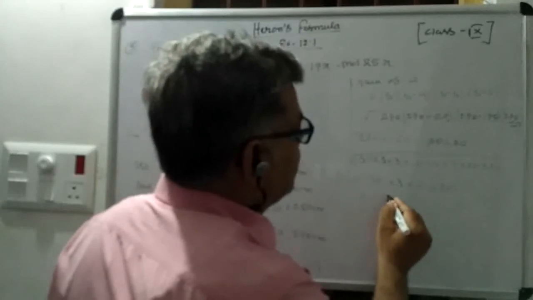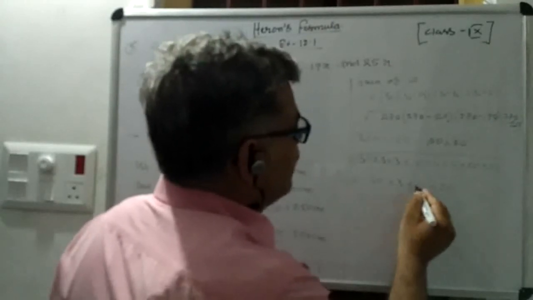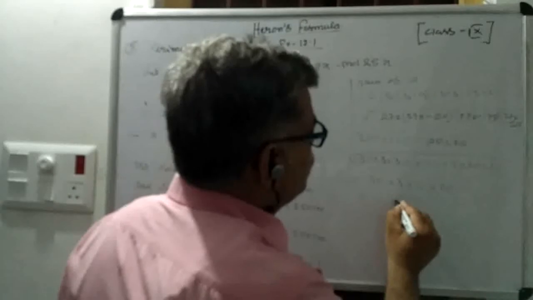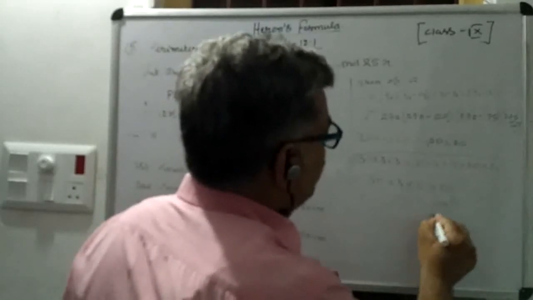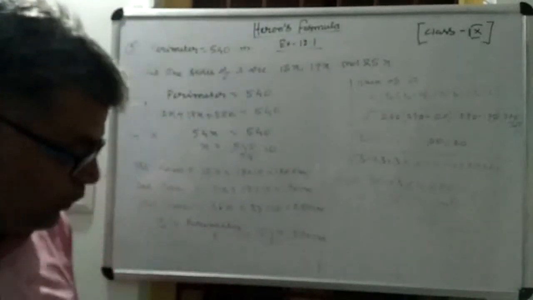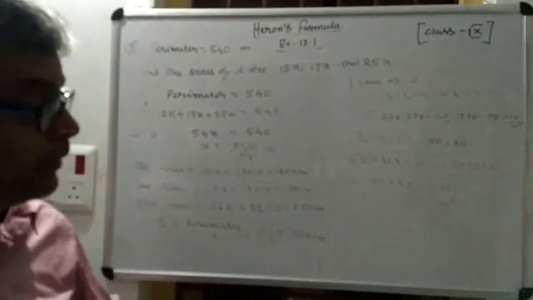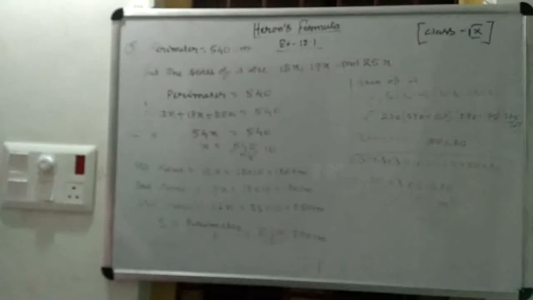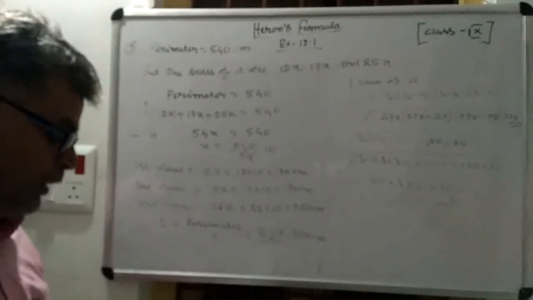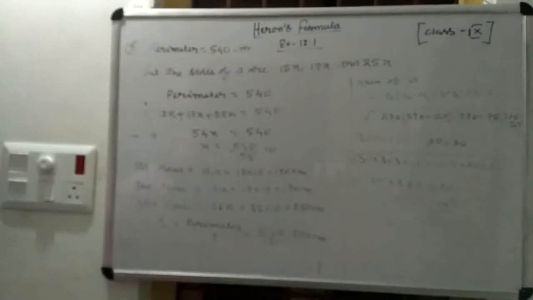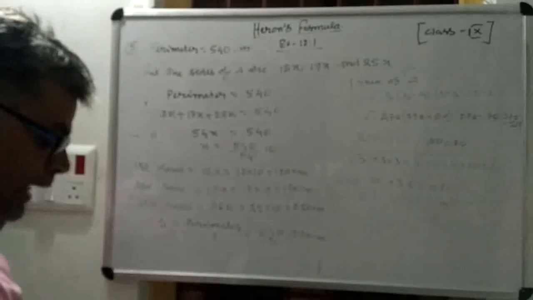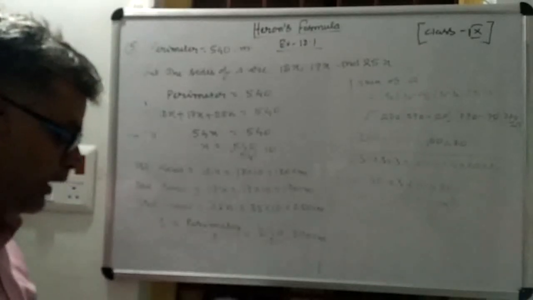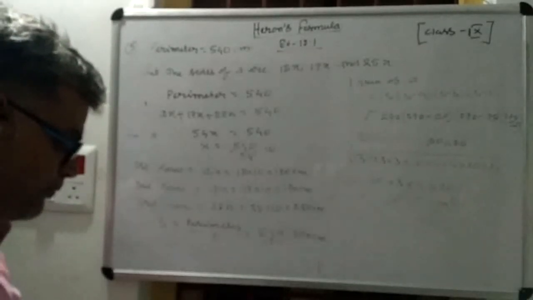So 30 into 3 is 90, into 100, so 9,000 centimeter square is your required answer. So this way, children, I think you can understand it better. 9,000 centimeter square is your answer for this question, Exercise 12.1, question number 5.